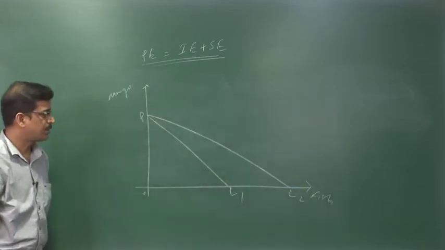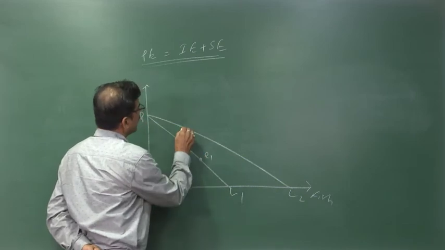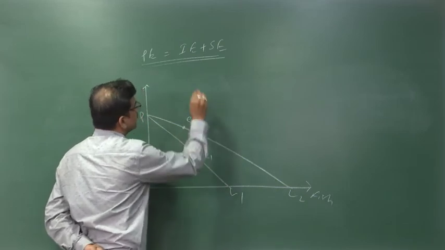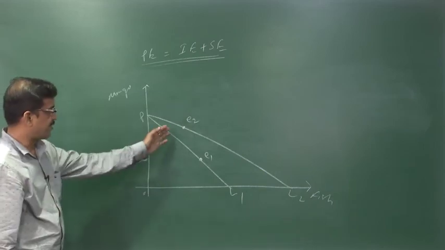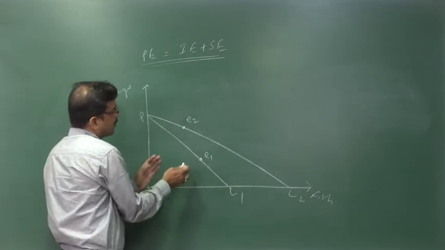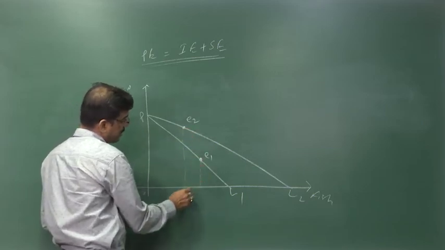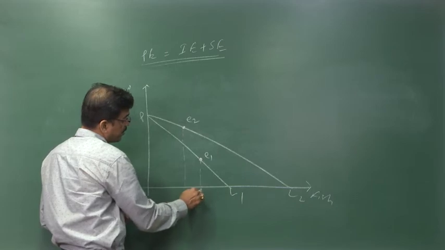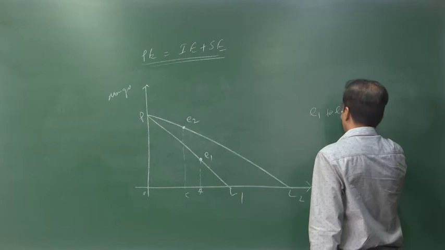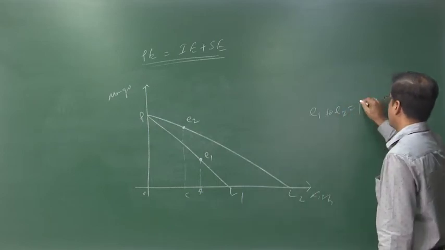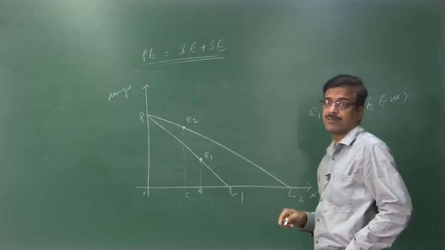Initially, the point of equilibrium is here, and now the point of equilibrium is here. That means if you take the price effect, here the price effect turns out to be negative. The price effect is negative from E1 to E2, and a negative price effect means an upward sloping demand curve.